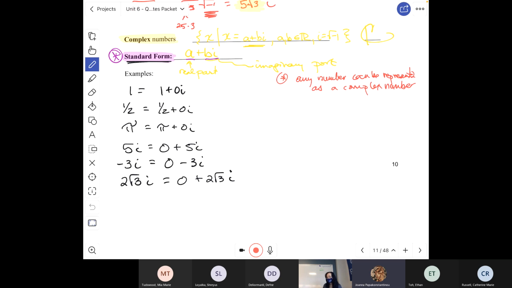Yes. When you have i with a coefficient in an equation, can you treat that coefficient like a regular number and divide it off the other side? Yes, absolutely, because these are connected by multiplication. Is the i inside of the radical or is it outside?